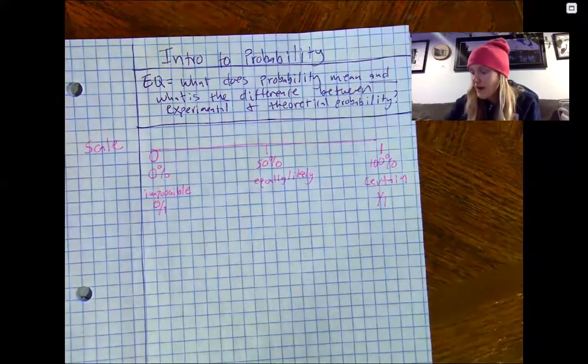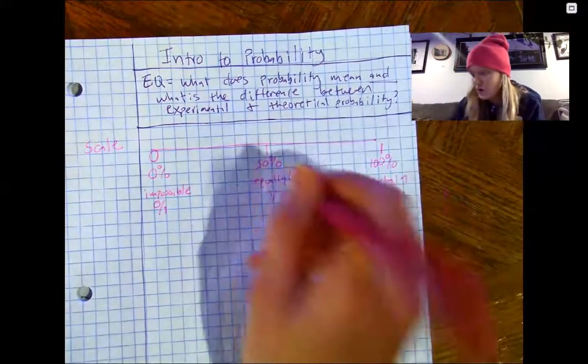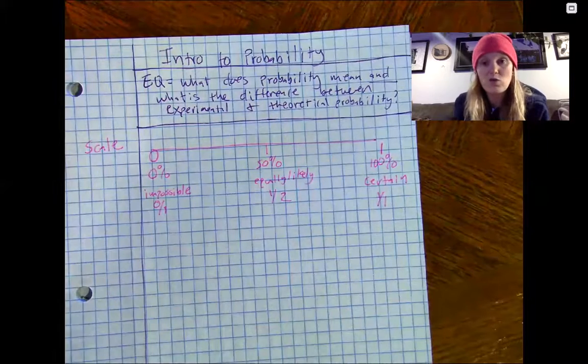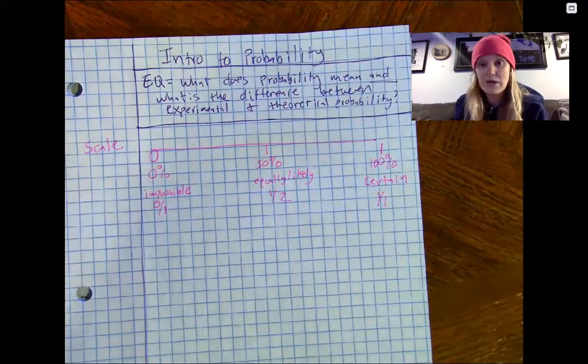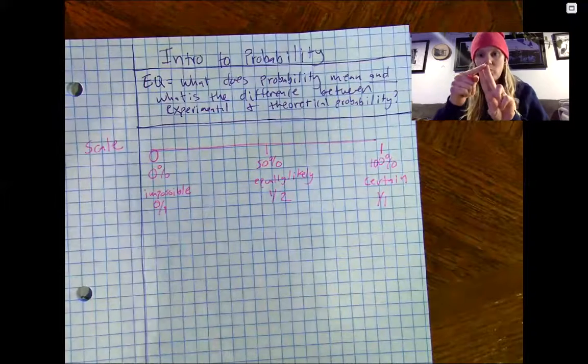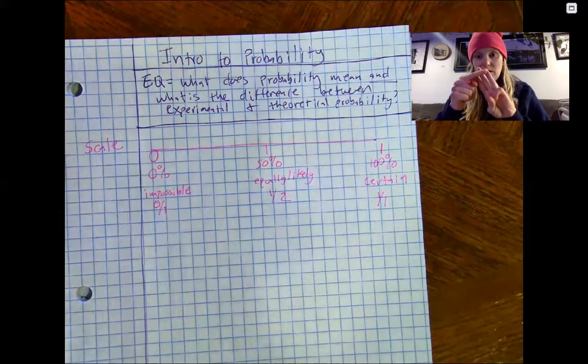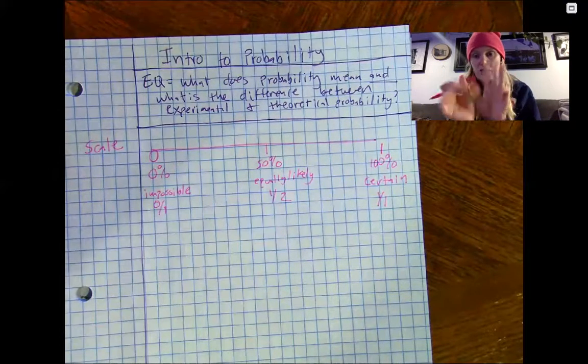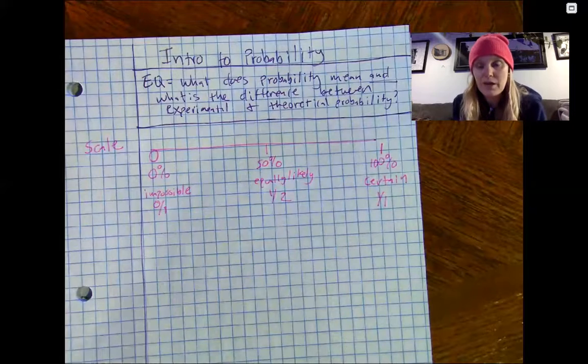And that happens 1 out of 2 times. Something like that would be if you were to roll a die and get an even number, because you have a 2, a 4, and a 6 out of a total of 6. 3 out of 6 reduces to a half. Something like flipping a coin and landing on heads, that is what would be half.